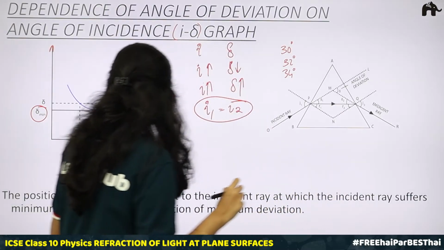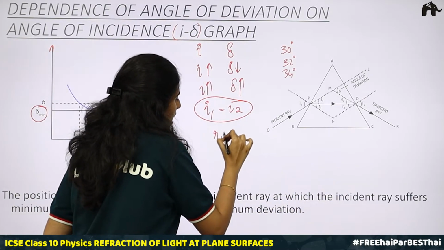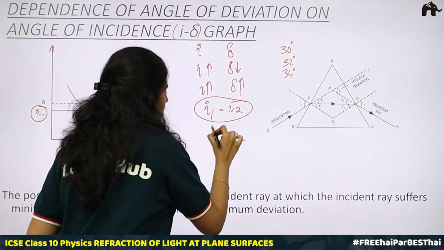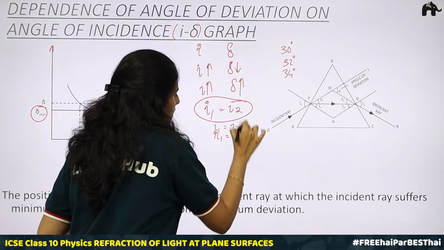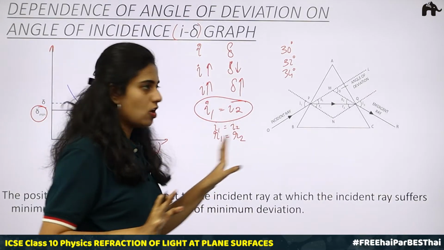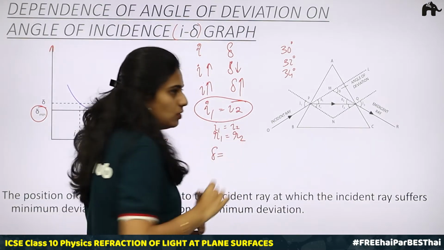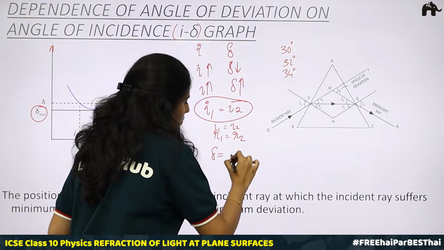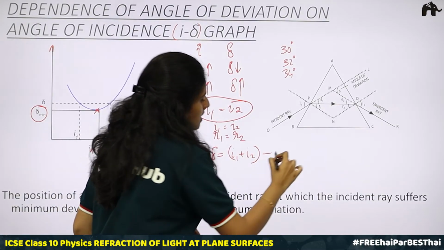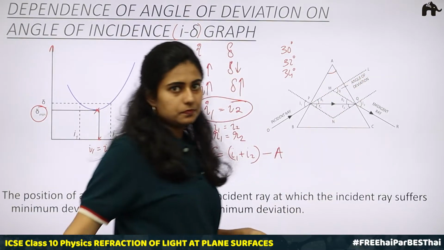When I1 and I2 are equal, you will also be having R1 equal to R2. So, we have delta is equal to I1 plus I2 minus angle of the prism A. Here we have the angle of prism A.